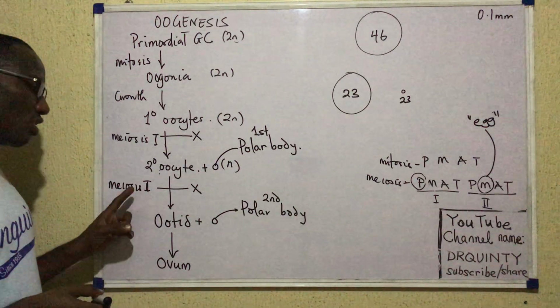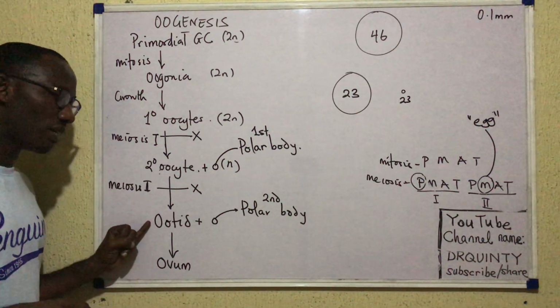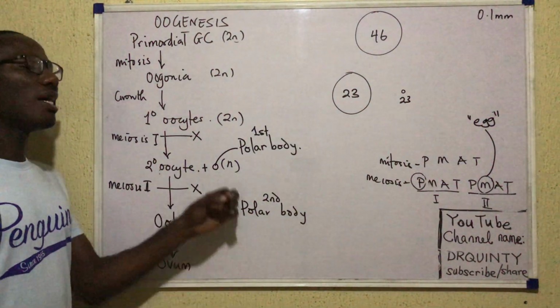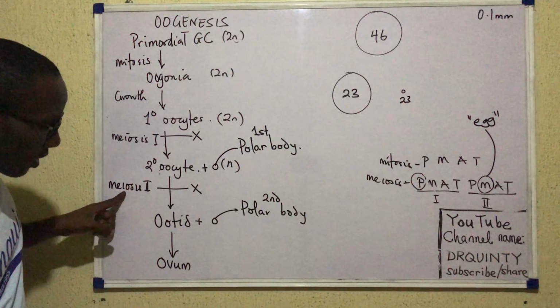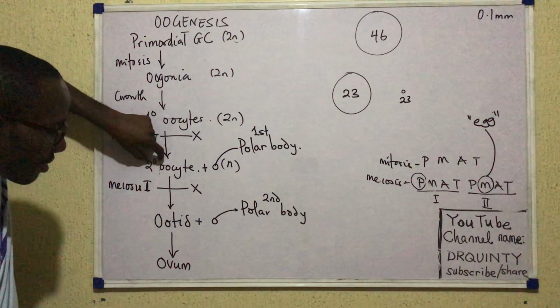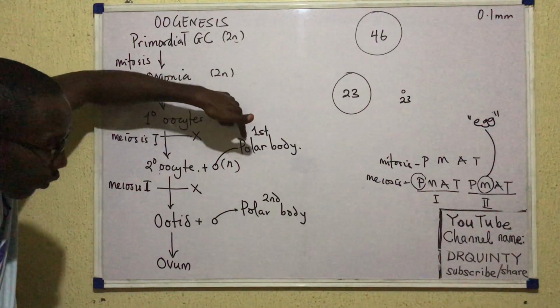So in meiosis 2, the secondary oocyte divides to give an ootid and a second polar body. And it's also possible that during that same meiosis 2, the first polar body, which was formed along with the secondary oocyte that has just divided now, will also divide.